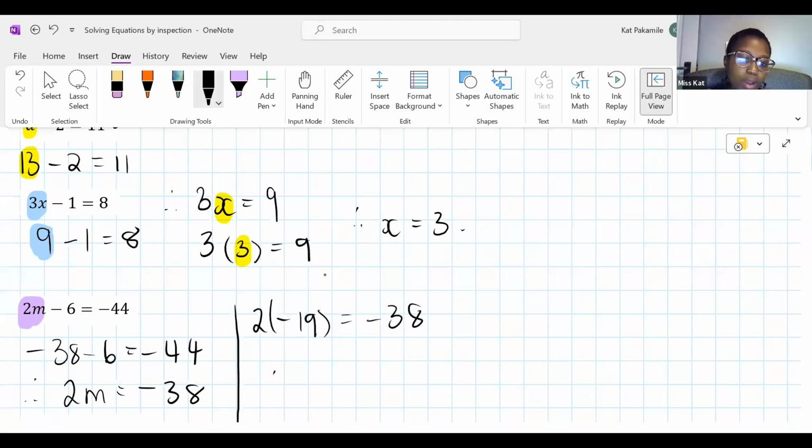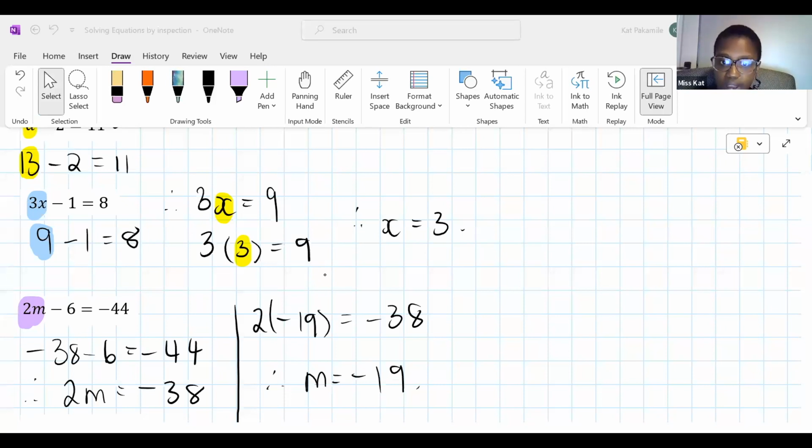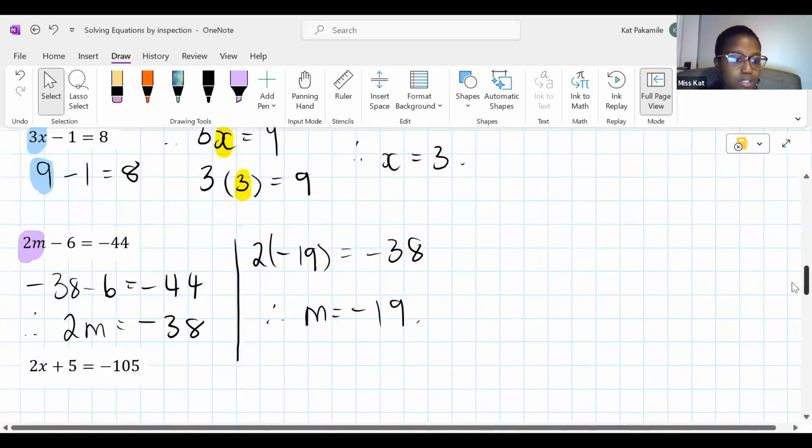Therefore, m equals negative 19. Do you see what I'm asking for when I say we are inspecting? Okay, we're verifying our answers by substitution. Remember we learned about substitution? So that's what we're doing here. You substitute a number. If it works, you say therefore the variable is equal to the number. We're good. Let's move on.